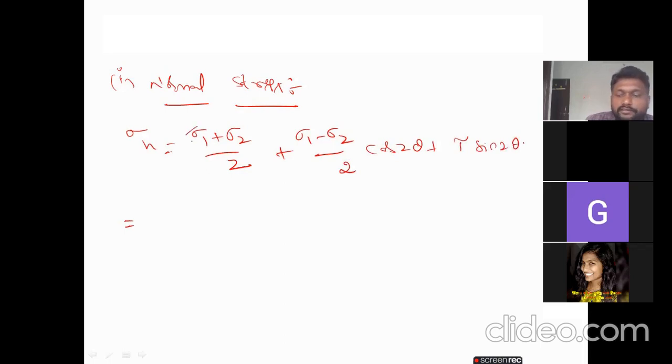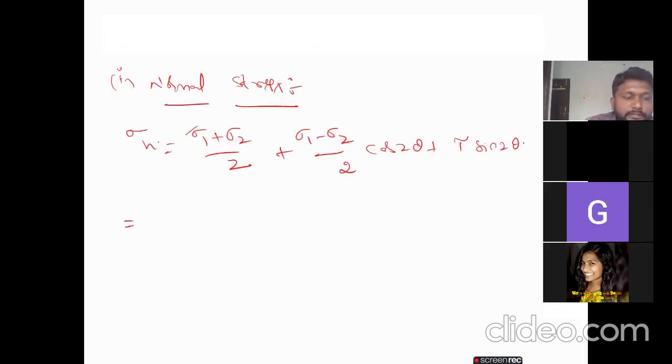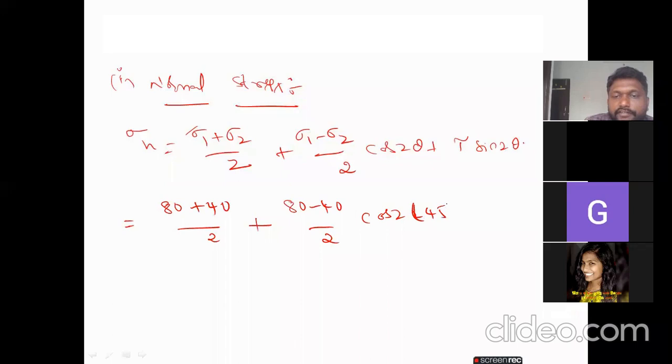So sigma 1 they gave already. Sigma 1 is 80, sigma 2 is 40. So sigma n equals 80 plus 40 by 2 plus 80 minus 40 by 2 cos 2 into theta, 45 degrees, plus tau, 60, into sin 2 into 45 degrees. So please calculate this one and tell me the answer.